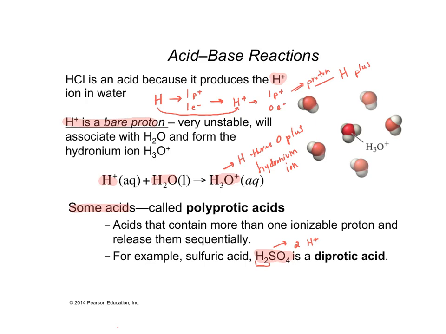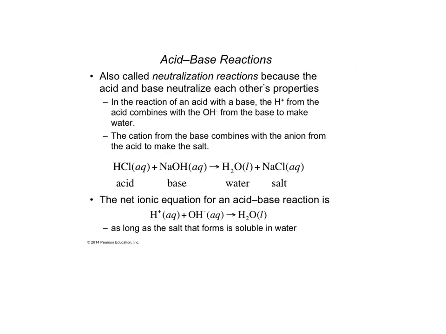Specifically, sulfuric acid, H2SO4, is diprotic because it has 2 protons to lose. If it had 3 protons, we call that triprotic. But again, this is just a class of acids called polyprotic acids. All right, so now that's an acid, that's a base, those are the definitions.